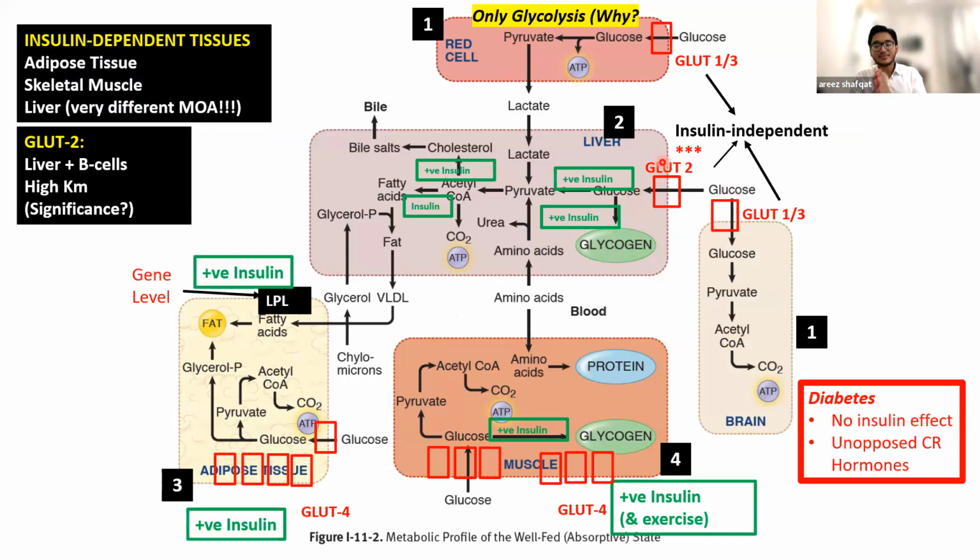So insulin does not stimulate glucose uptake into the liver. Insulin tells the liver what to do with the glucose. Insulin tells the liver to carry out glycolysis. Insulin tells the liver to carry out fatty acid synthesis. Insulin tells the liver to carry out glycogen synthesis. Insulin does not tell the liver to take up glucose. Okay, so GLUT2 is insulin independent. So they might trick you in the exam and say that insulin has so many effects on the liver, but glucose uptake isn't one of those effects. Okay, so GLUT2 is insulin independent. Does that make sense?